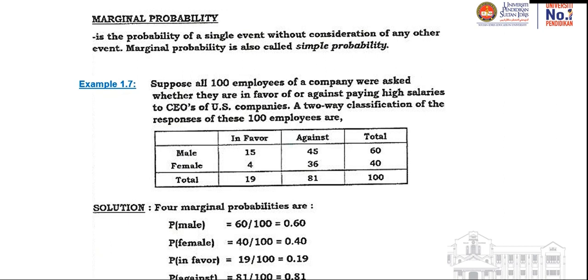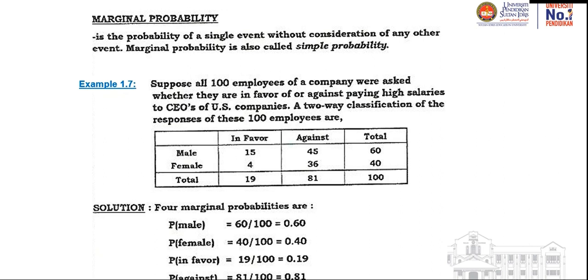So it's related here: simple event, one outcome. Simple probability only represents the probability of a simple event. So simple probability is related to only simple events. In this case, simple probability is also known as marginal probability. So when they say marginal probability, it's basically referring to simple probability.